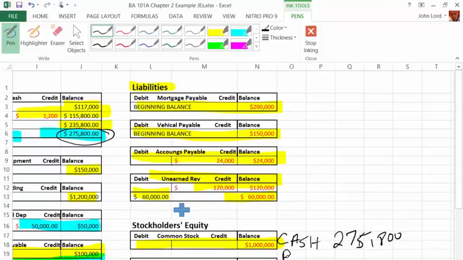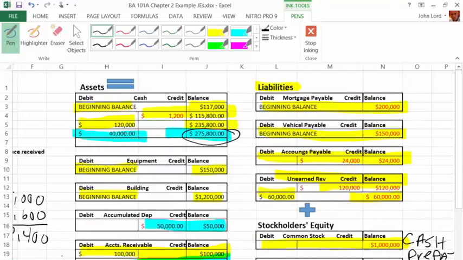Any other assets? Prepaid insurance. I think I remember that was 600? Okay, so that's 600. Any others? Accounts receivable. Good. How much was that? 60,000. That's because that guy had only paid me 40, right? And so we're still waiting on that additional 60,000. Good. Any other assets over here?